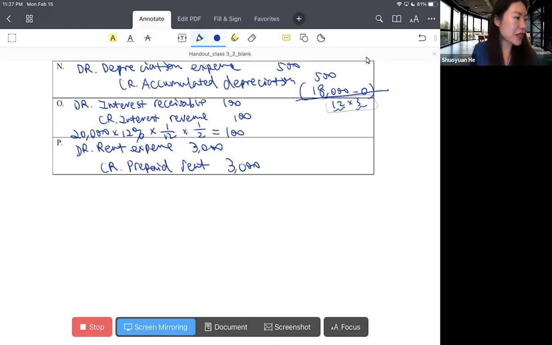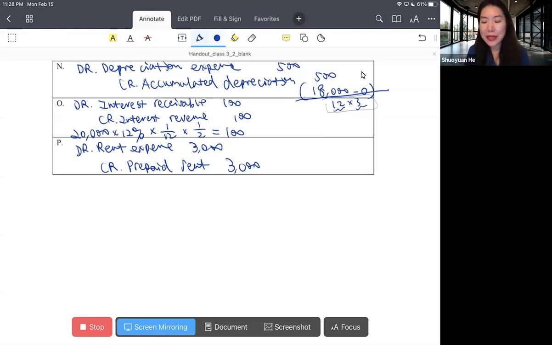And then we're going to continue to the next step. So after we made the adjusting entries, we should post them to the T accounts. And then after we have posted them to the T accounts, we are going to have a new updated balance for those T accounts.